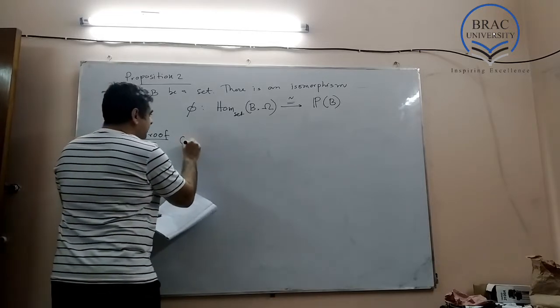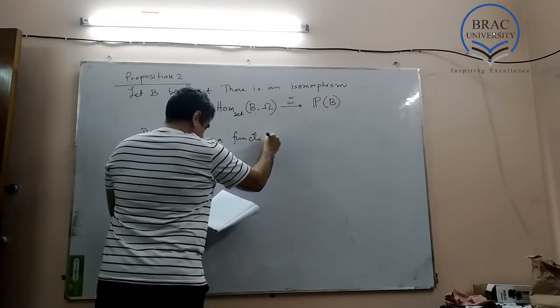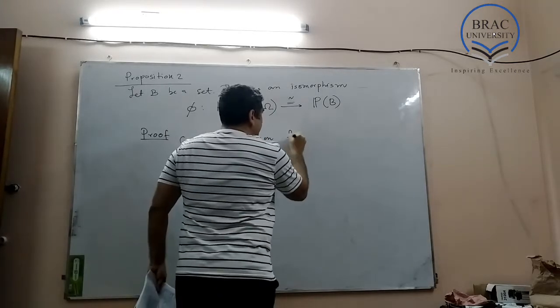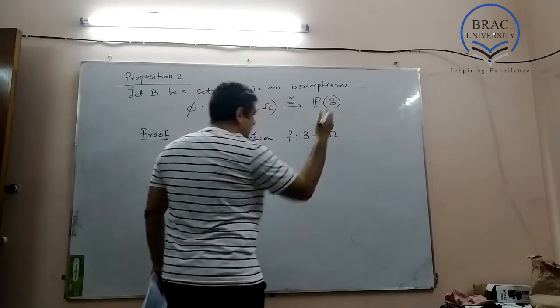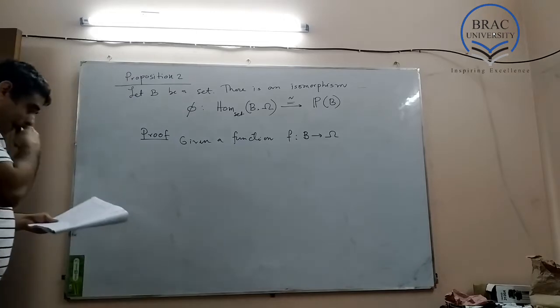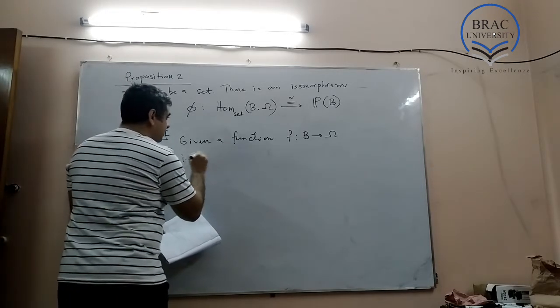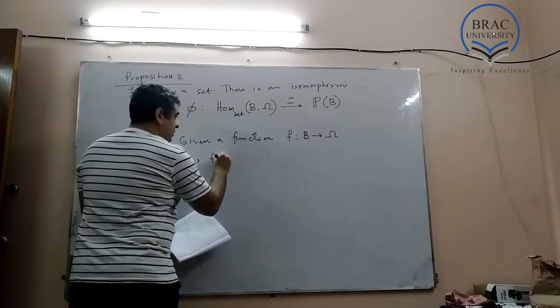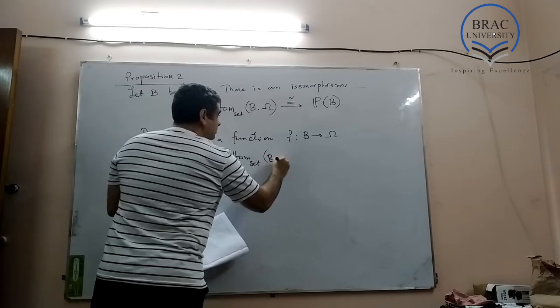Given a function f from B to omega, B is a given set, okay? Omega is the two-element set, okay? And f is an element of the Hom set from B to omega.